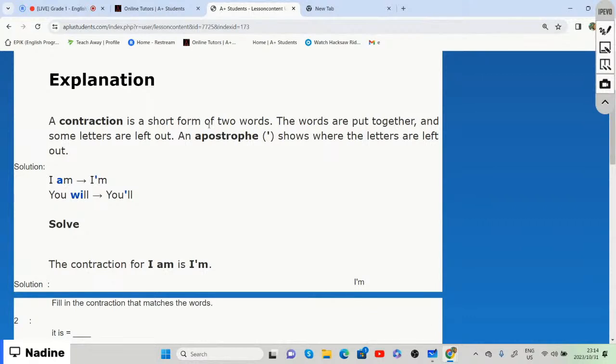The apostrophe shows where the letters were left out. If you leave out two letters, you don't add two apostrophes, right? Because we only add one apostrophe. That is basically a rule. And we made an example of I am and you will.